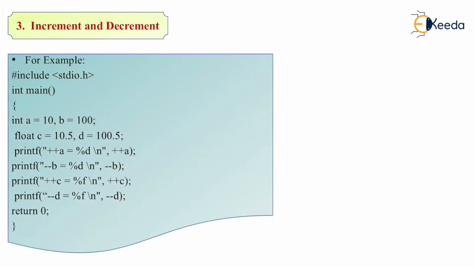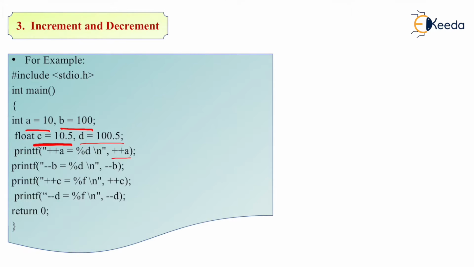Consider this example. In this example, we have created two variables of integer type and two variables of float type. Now a is equal to 10, b is equal to 100, c is equal to 10.5 and d is equal to 100.5. Now, what we are doing? We are just printing plus plus a.